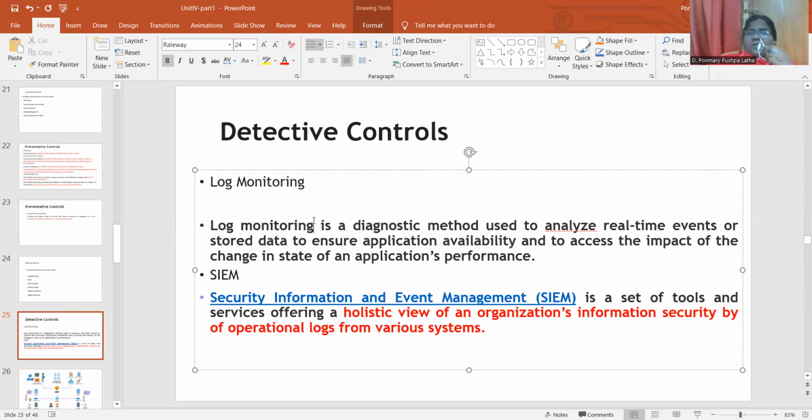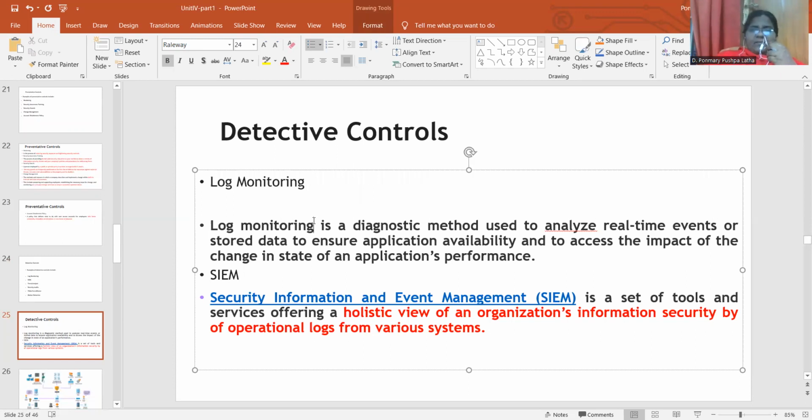It is used to analyze real-time events and to save the state of application performance. Whenever any event occurs, we store the information and the performance.